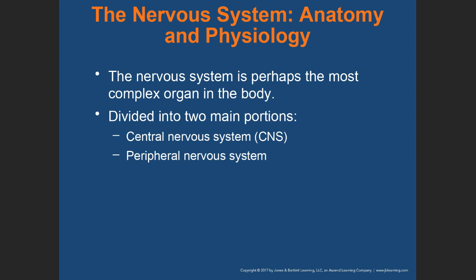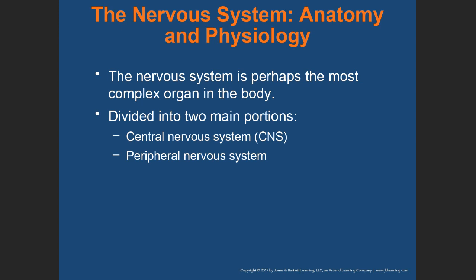All right. So let's move on to the nervous system, anatomy and physiology. The nervous system is perhaps the most complex organ in the body. Very complex. It is divided into two main portions. You have the central nervous system, which consists of the brain and the spinal cord, and you have the peripheral nervous system.